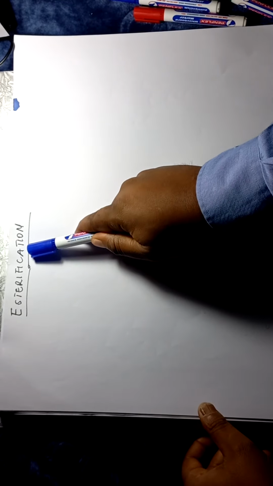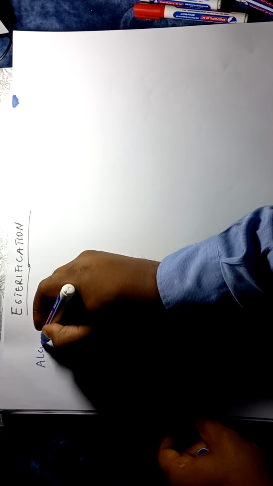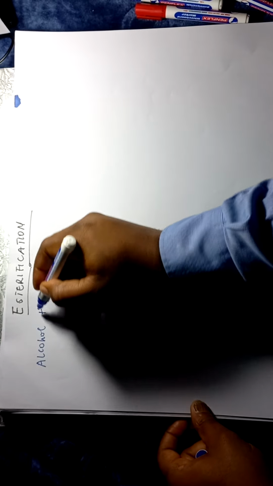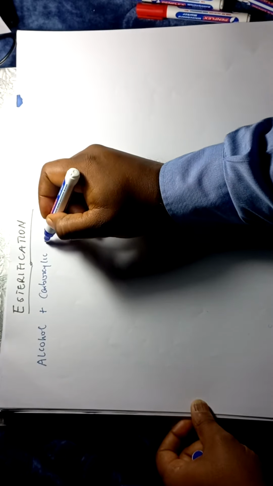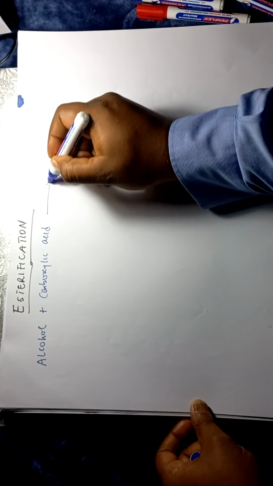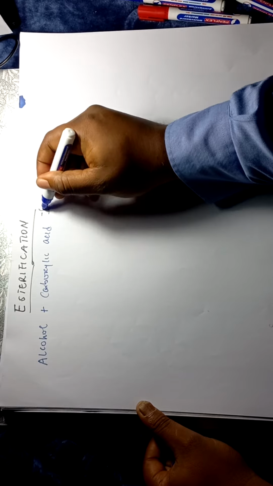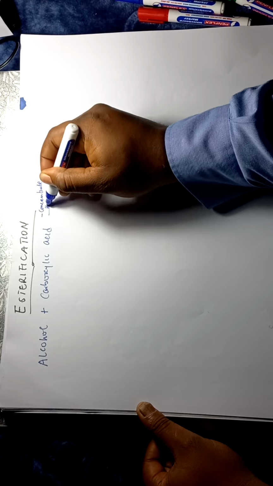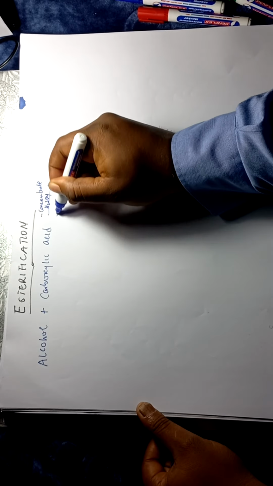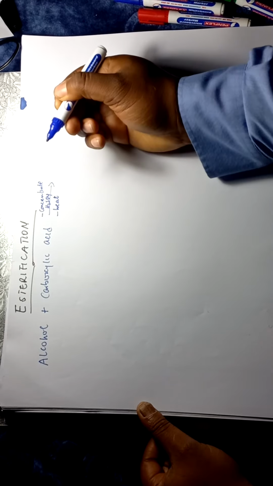We are still on organic reactions, and this time around we are going to talk about esterification reaction. An esterification reaction is a reaction between alcohol and carboxylic acid, and the reaction conditions we are using are concentrated sulfuric acid, H2SO4, and heat is applied.